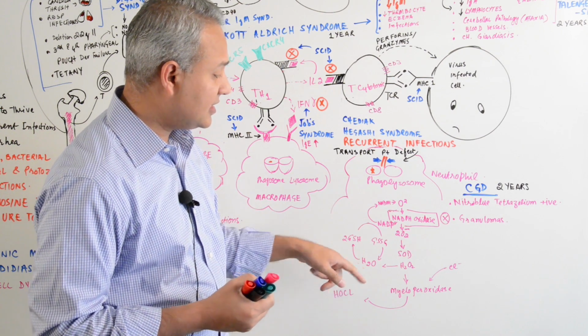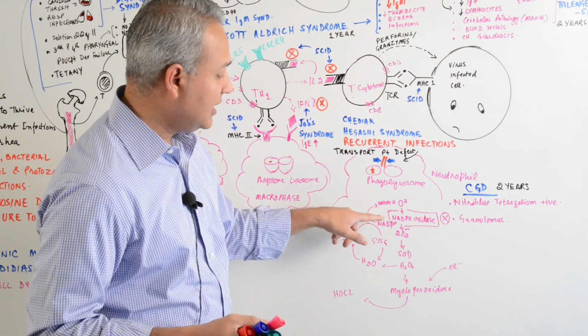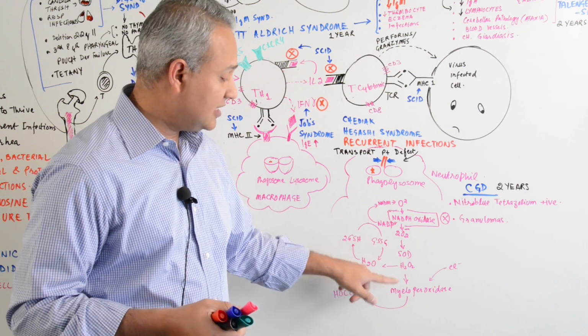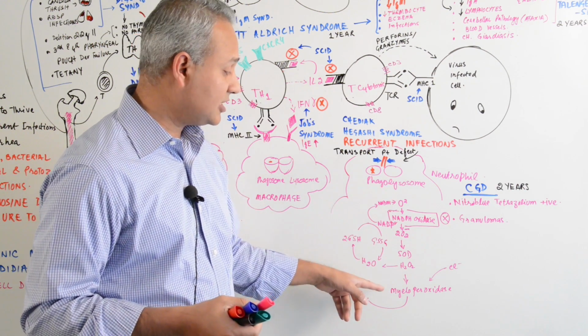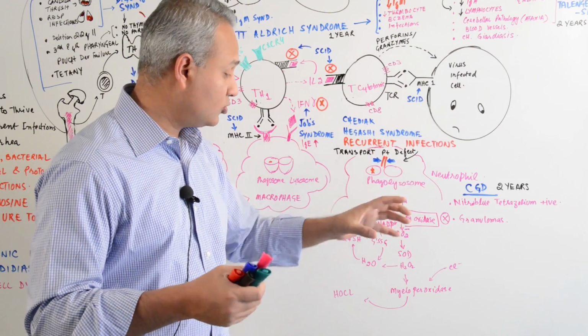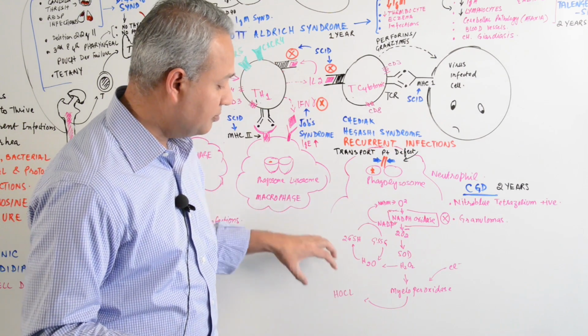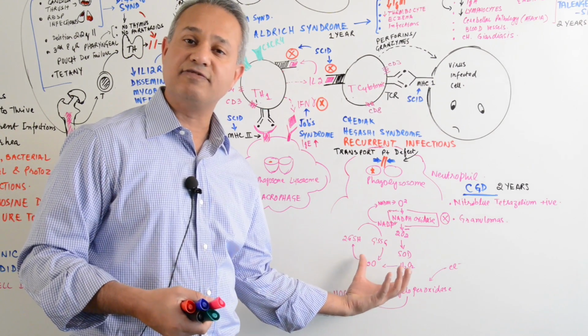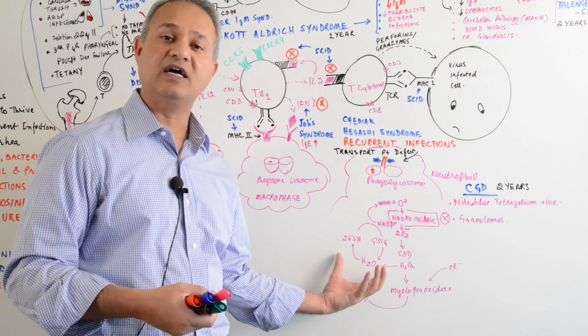In that there are a couple of really important enzymes, NADPH oxidase, superoxide dismutase, and then myeloperoxidase. These 3 enzymes are very important in the respiratory burst to make the bleach. And of course this is the final pathway, where the actual breakdown of the pathogen occurs.